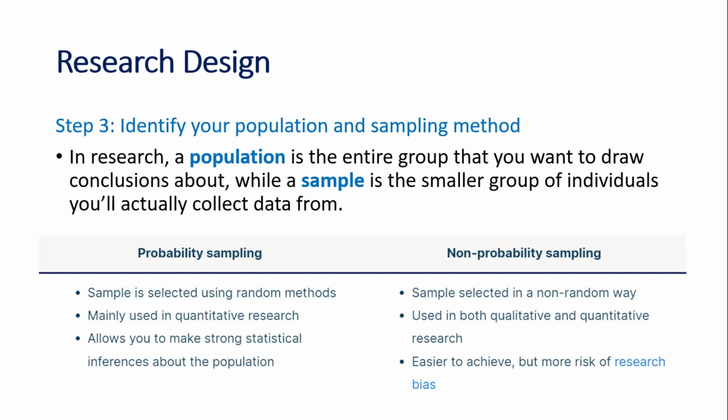It also has different types. It could be convenience sampling, depending on what is convenient to you. It could be quota sampling, or self-selection, where some people voluntarily give you information or volunteer to join your research. Another form is snowball sampling.